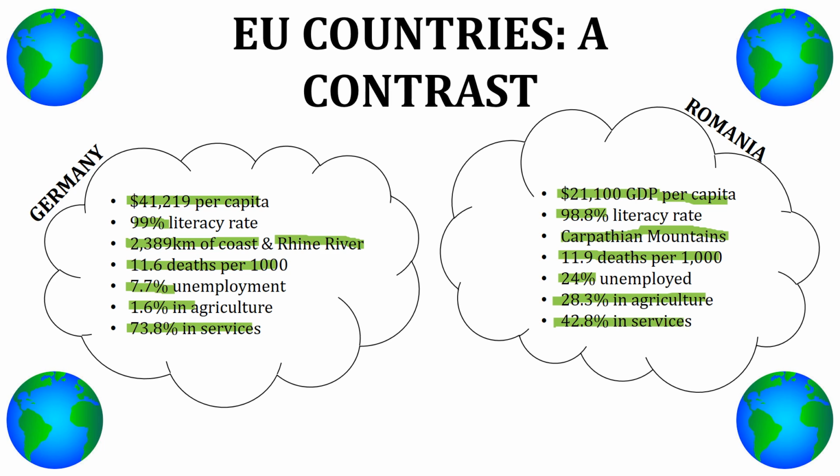The death rate in Germany is slightly lower, at 11.6 deaths per thousand, whereas in Romania it's 11.9 deaths per thousand. In Germany, the unemployment is significantly lower than Romania at 7.7%, whereas in Romania it's 24%, and this is actually a lot of youth unemployment as well.